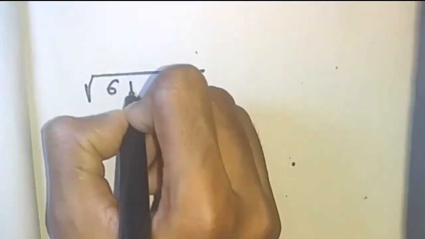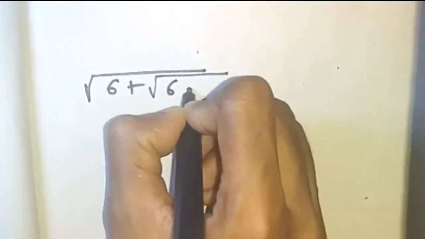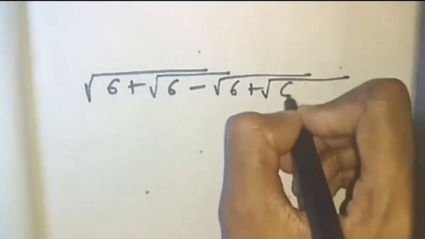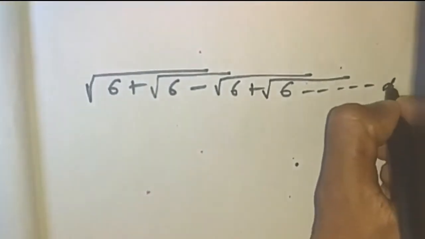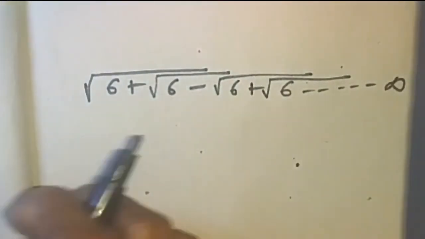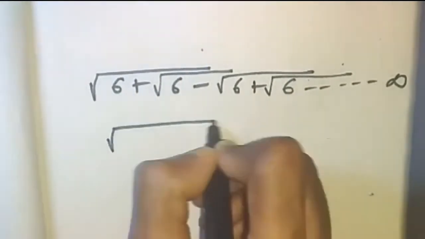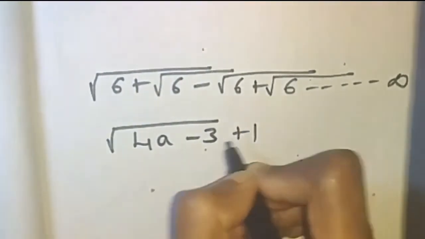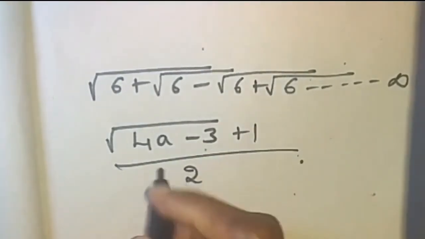So this is one more problem. Under root 6 plus under root 6 minus under root 6 plus under root 6. If the question goes on like this to infinity, now there is a formula for this also. Under root of 4a minus 3, plus 1, divided by 2.